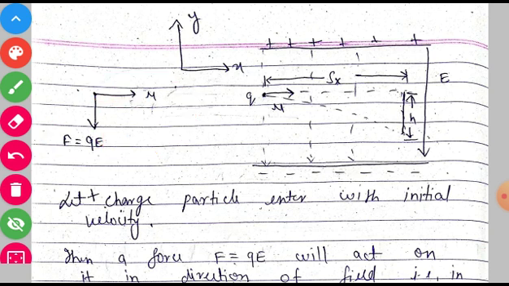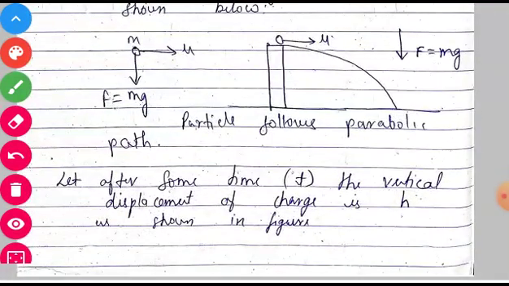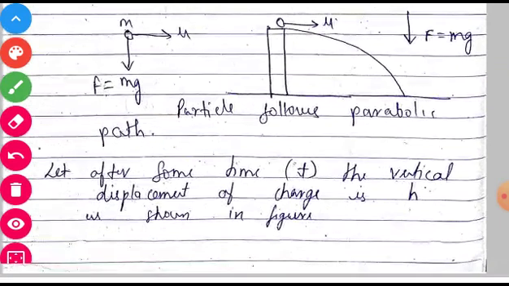Now what type of motion will it undergo? We have studied this type of motion in class 11. Let me show you. This motion is similar to a projectile motion question. Suppose there is a building, and I throw an object from the top of the building with some velocity u.